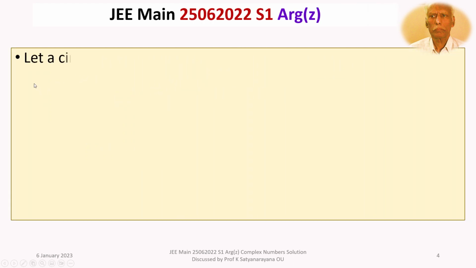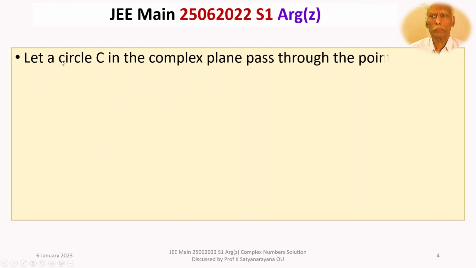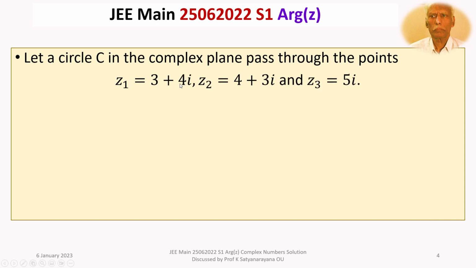The given question is, let a circle C in the complex plane pass through the points z1 is equal to 3 plus 4i, z2 is equal to 4 plus 3i, and z3 is equal to 5i.